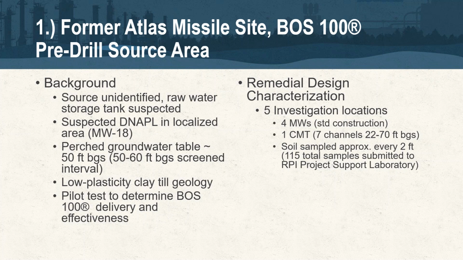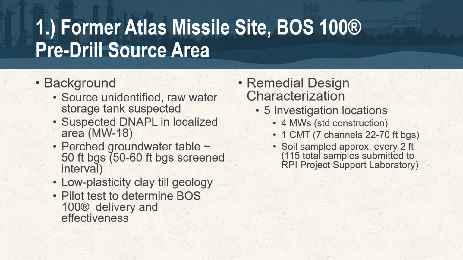So we did have shallow DPT refusal, and so augers were used to advance down to the bottom of our treatment interval. And then it was backfilled with hydrated bentonite, and then re-drilled with direct push.